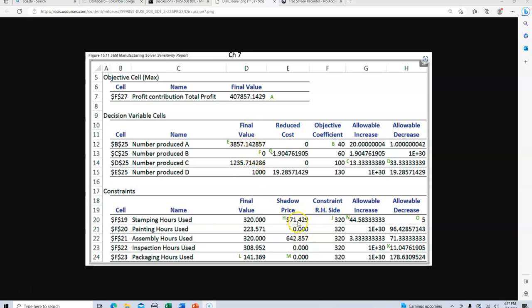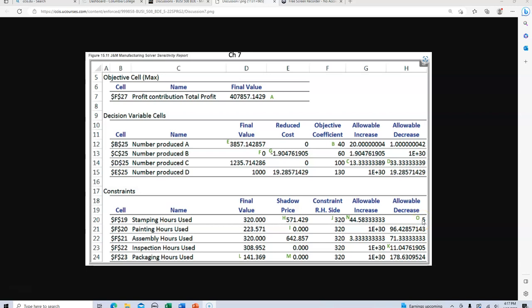So the question then becomes, what happens if I lose hours? Well, the same thing works here effectively, but you'll notice that the allowable decrease is 5 hours. So if I lost 1 hour of stamping, the objective function would decrease by $571.43, up to 5 hours lost.